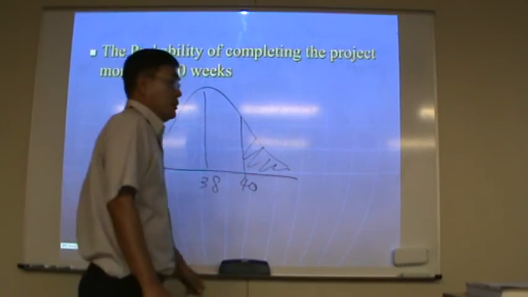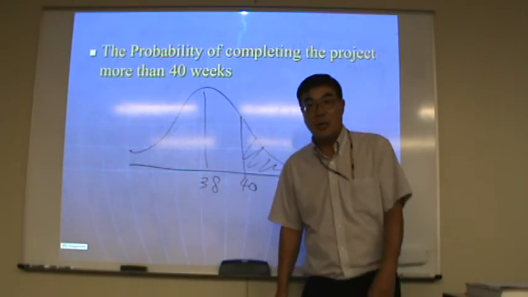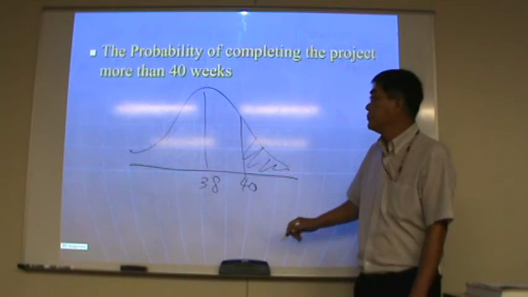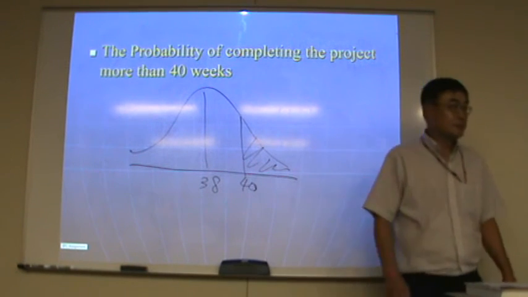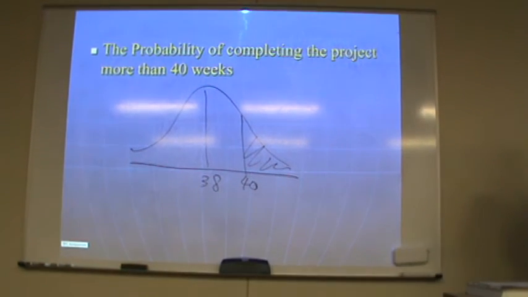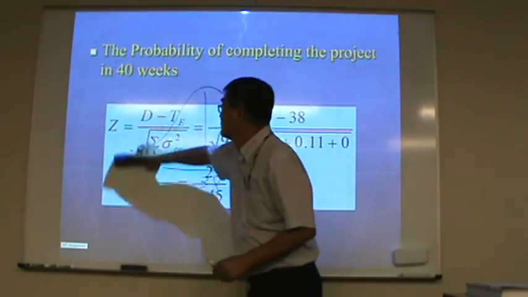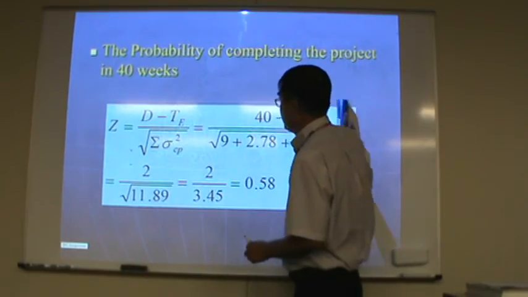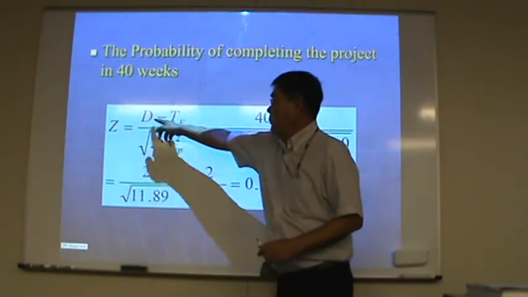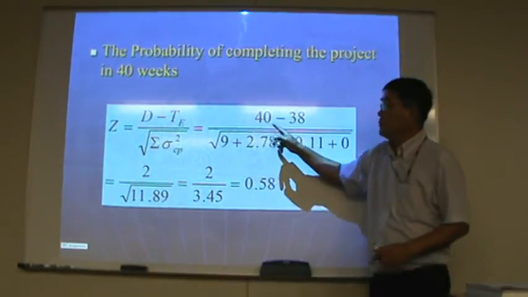We need the z-score for 40. D minus T, the same one.